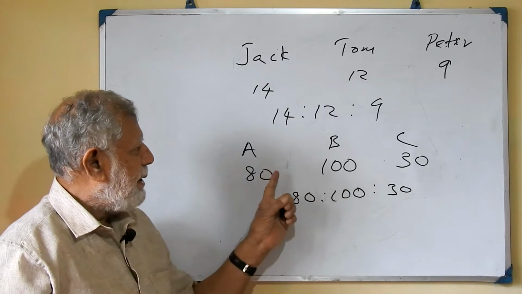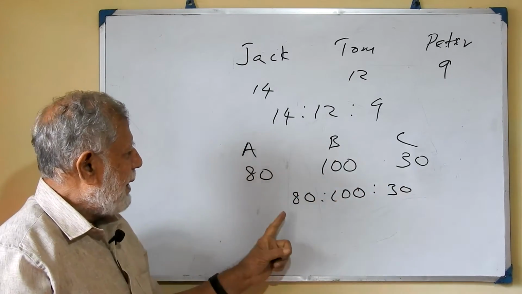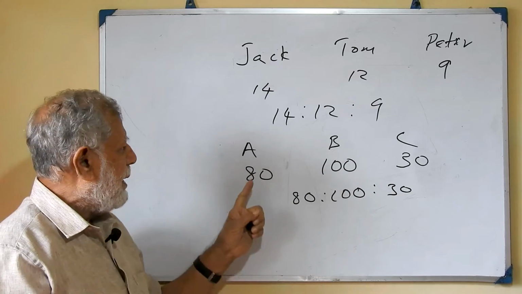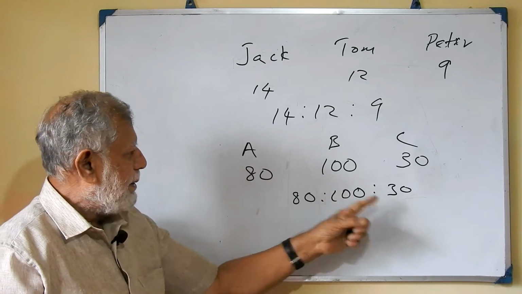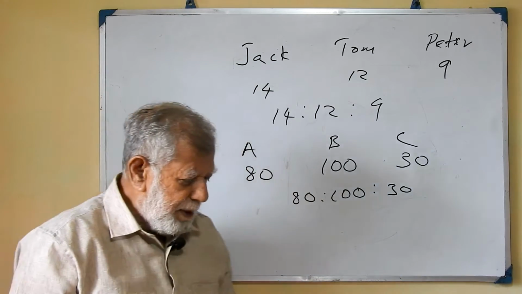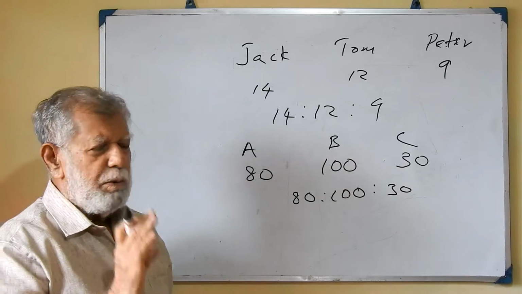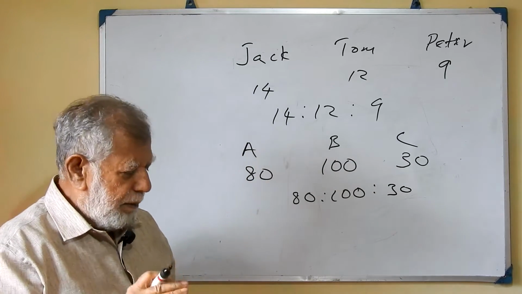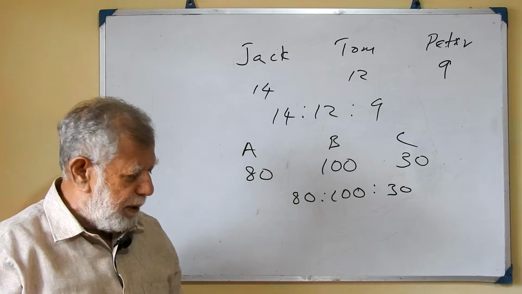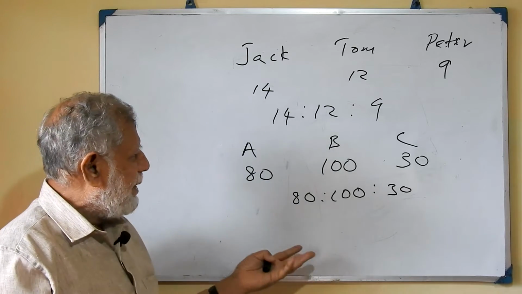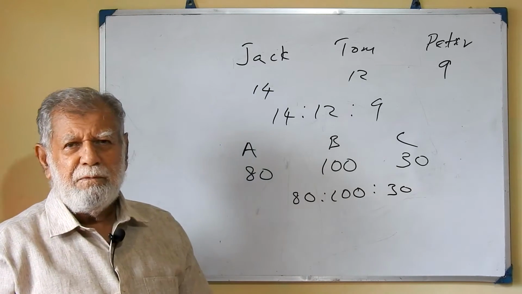When you mention A, B, C, we write A first and B second and C third. So this is all you should know about the term ratio, the meaning of the word.